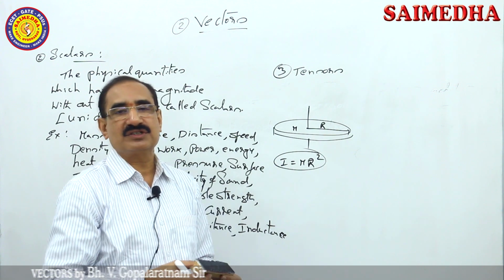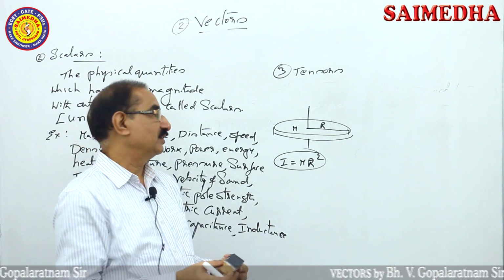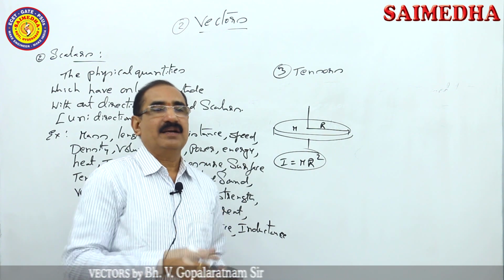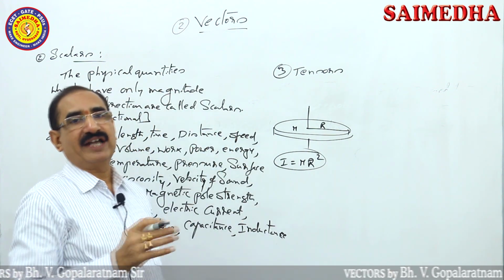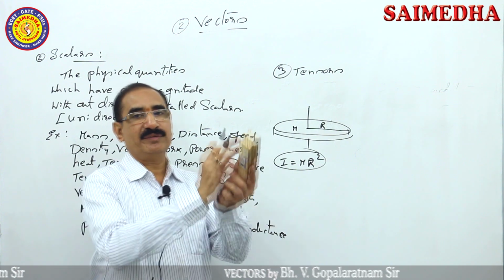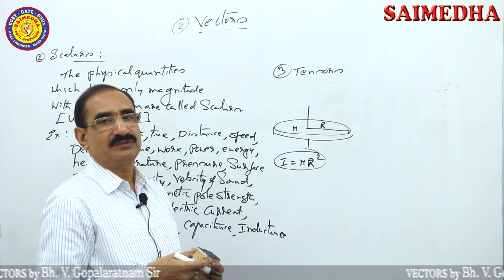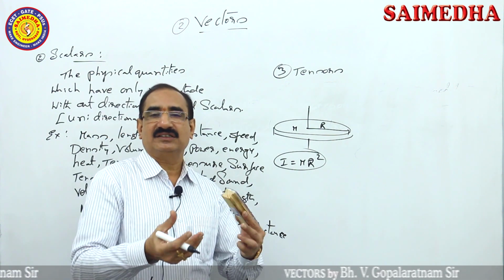Vector magnitude changes according to the direction. So, it should be a vector, but moment of inertia cannot be resolved into components. The remaining two characters it should follow, but it does not follow.